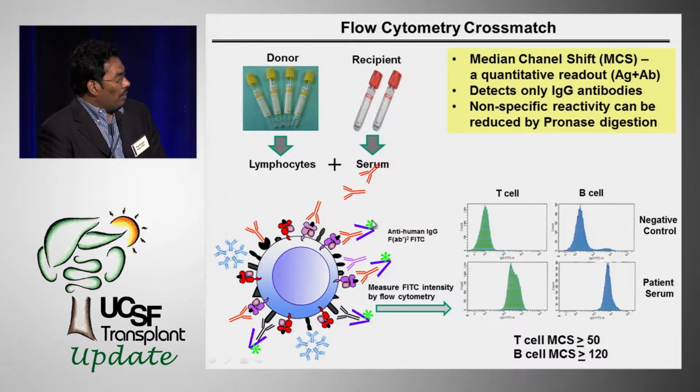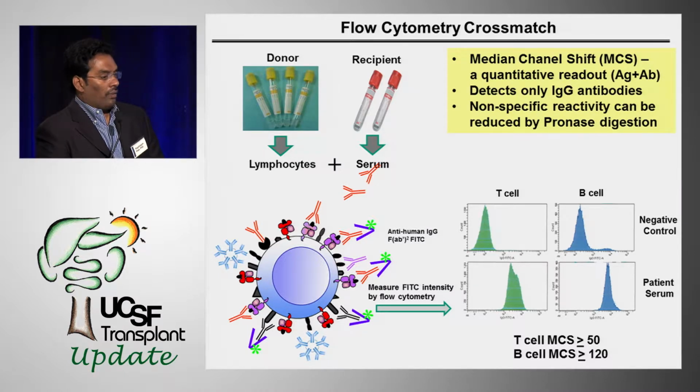Because the secondary antibodies are very specific to IgG molecules, they don't recognize IgM molecules. Also, by adding pronase, one can deplete all the background. So you get very specific cross-matches.